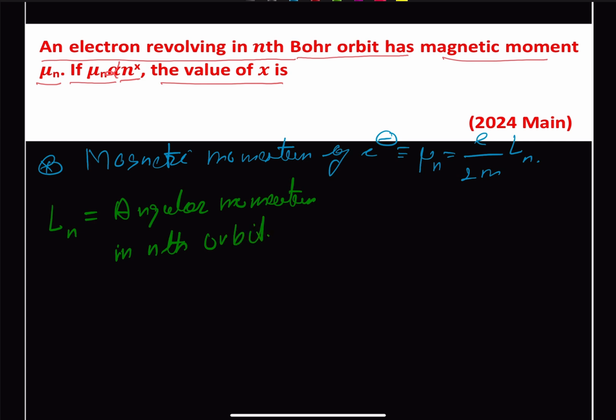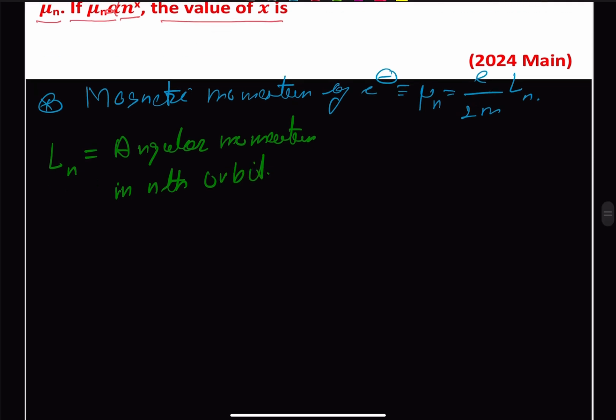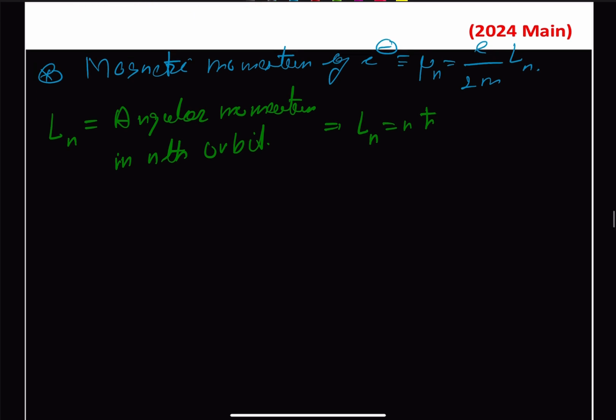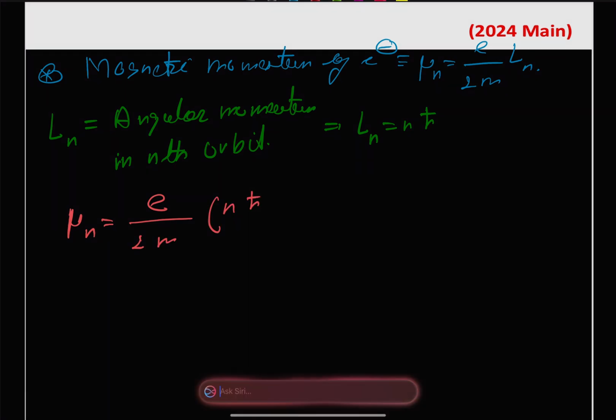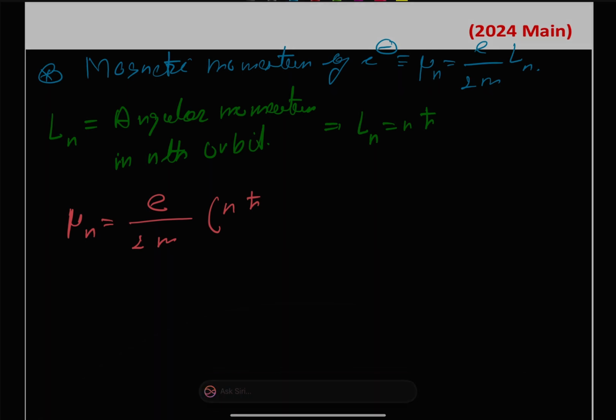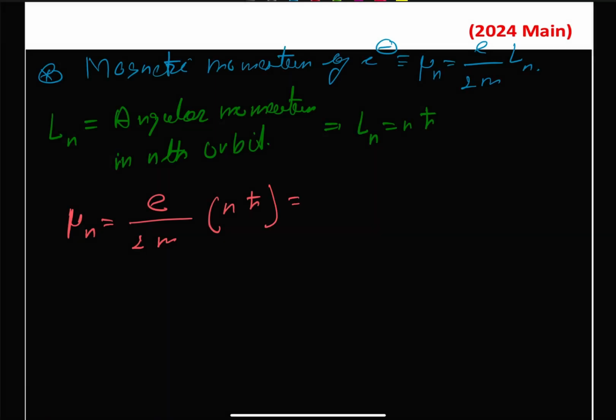In nth orbit, from quantization, we can write that L of n is equal to n times quantized h. Therefore, we can write that mu of n is equal to E upon 2m multiplied by n h quantized, and we can make a certain adjustment here.